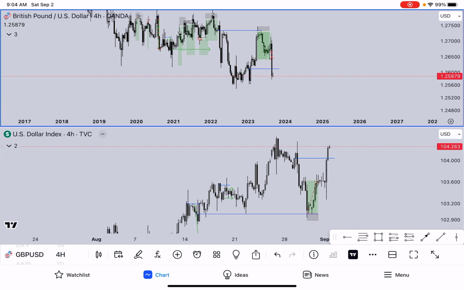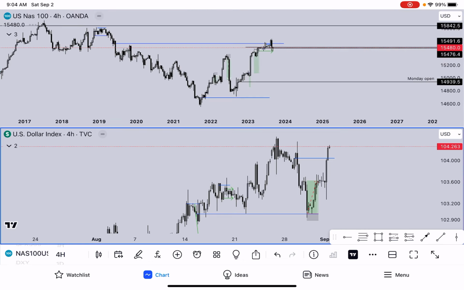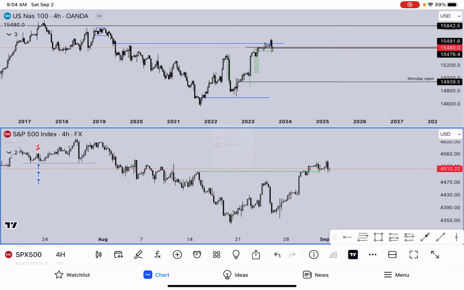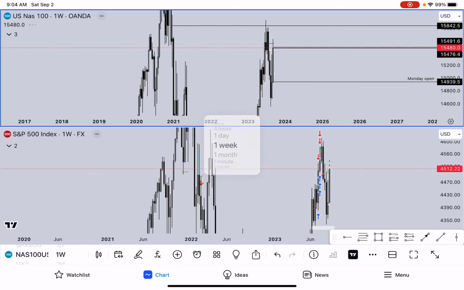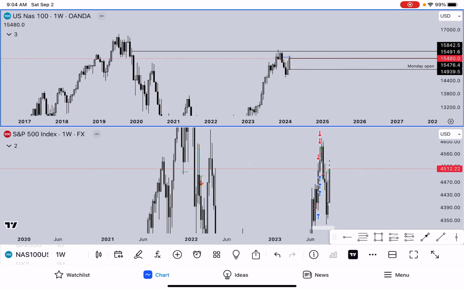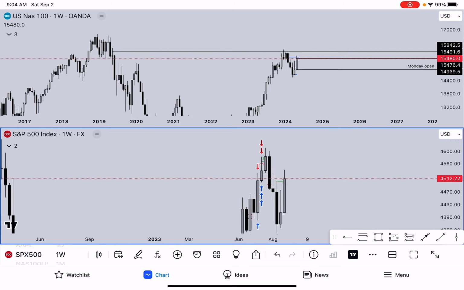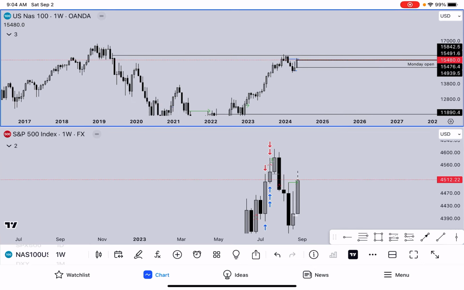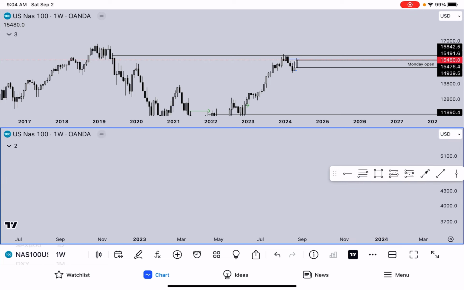We're gonna go to NASDAQ on the top, and we're going to S&P on the bottom. Let's start with the weekly on both. So that's what we have on the weekly. Oh, shoot. What did I do?